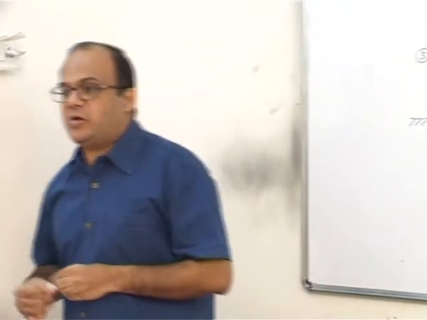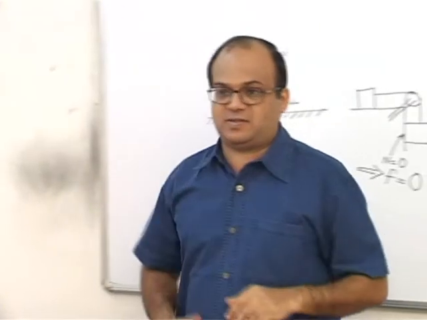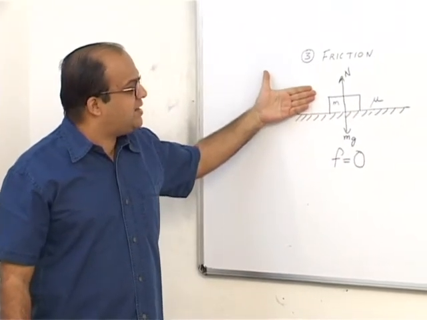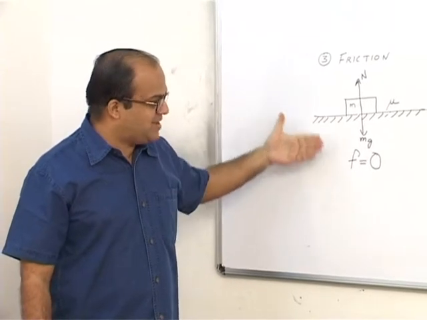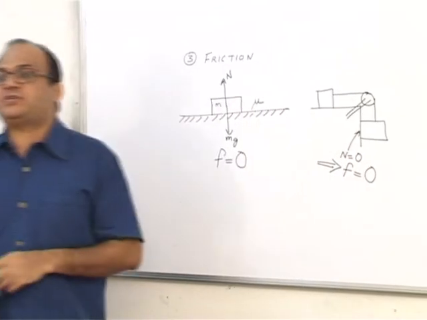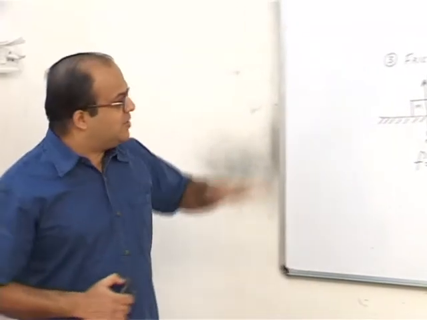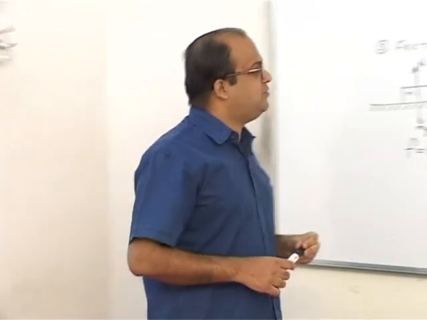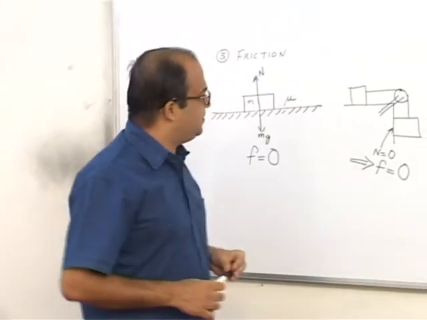So friction can be 0 under 3 circumstances. First, when no attempt is made to slide the body, then friction will be 0. When the normal reaction is 0, then also friction is 0. And if the coefficient of friction is 0, then also the frictional force will be equal to 0.